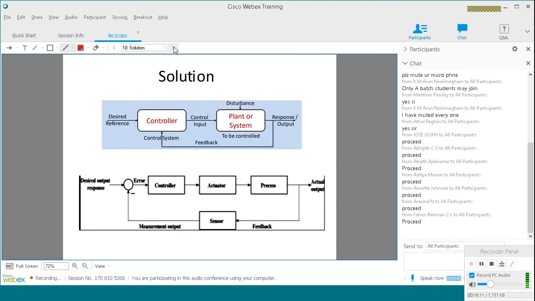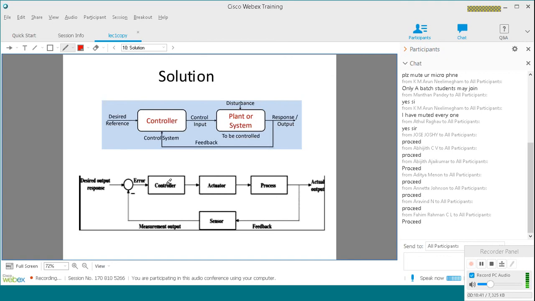So the solution is just to continuously see where you are and continuously measure the output using a sensor and compare it with the desired output response, and the error signal is going to the controller, and the controller will give the command to the actuator, and the actuator gives the actual input to the process.